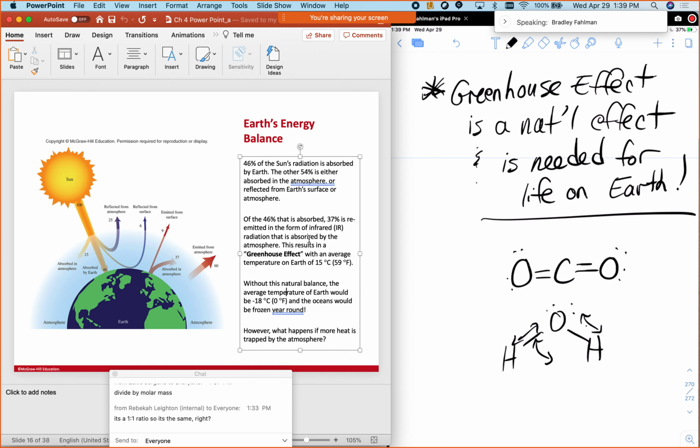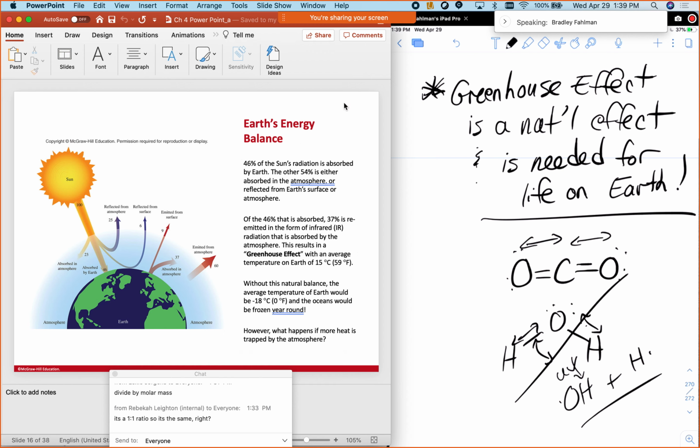So know what the greenhouse effect is and what happens to molecules when IR is absorbed versus UV is absorbed. UV radiation would actually break this apart, so you'd have OH plus H with UV. With infrared, you don't break bonds. Okay, so hopefully that makes sense. Be ready for those kinds of questions.